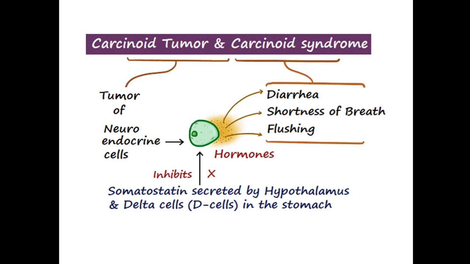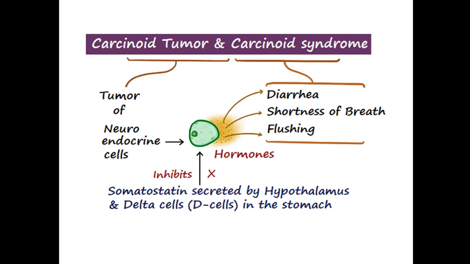So carcinoid tumors appear in the neuroendocrine cells, and various hormones secreted in excess in carcinoid tumor will cause various effects and symptoms, and they constitute the carcinoid syndrome.